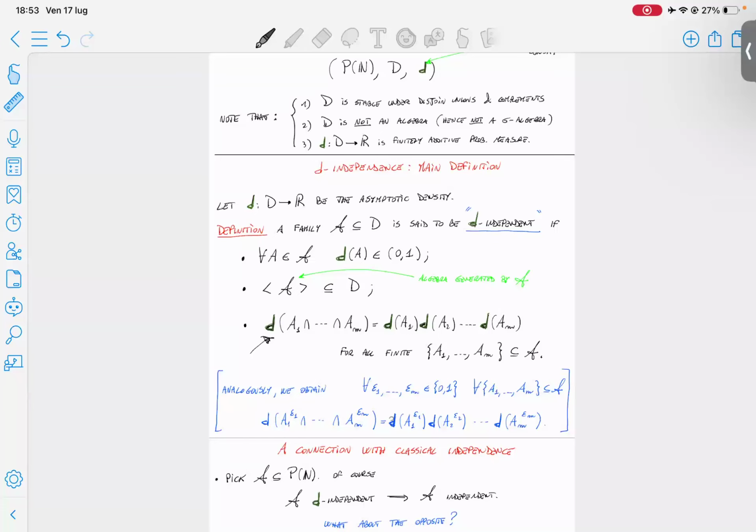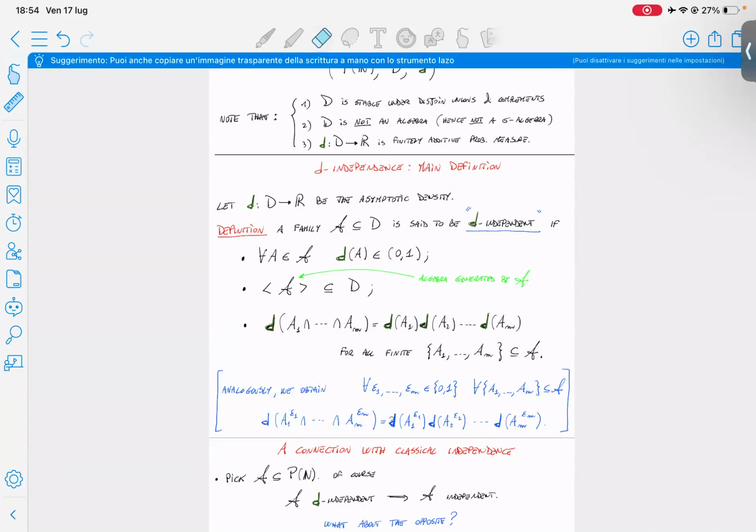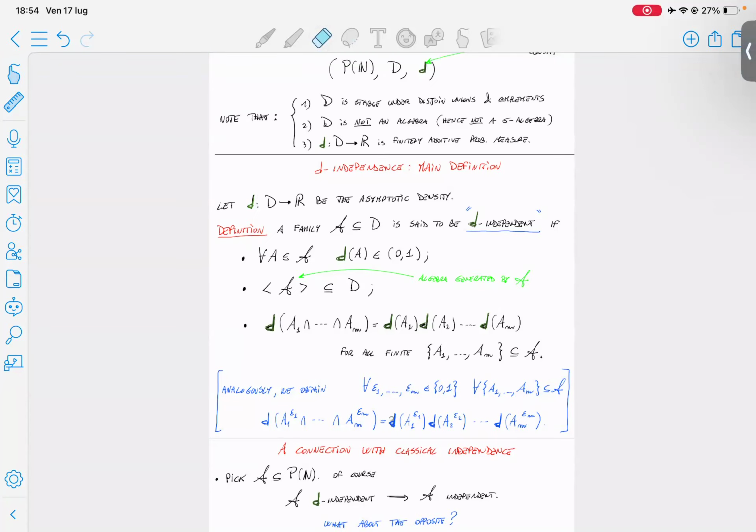In this case, the domain of D is not even an algebra, so if you want to do it more generally, the most natural analog would be in finitely additive probability spaces, and then maybe we try the densities that you have in mind. I know what you have in mind, but no, we didn't try. So, for instance, with the Banach density, we don't know.